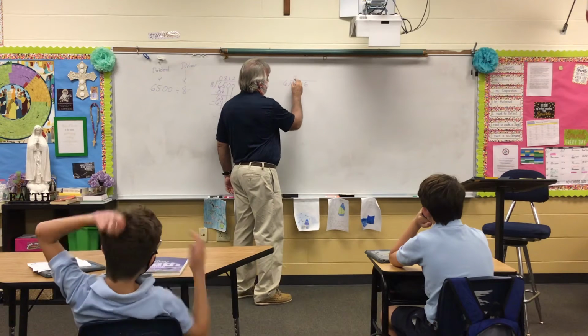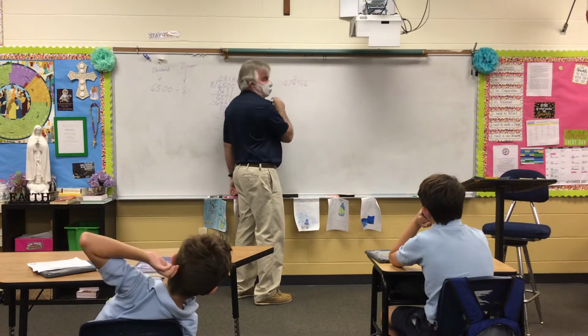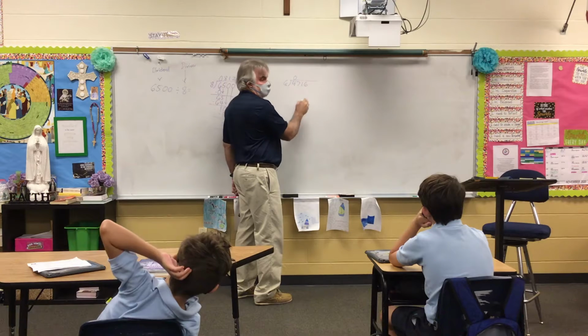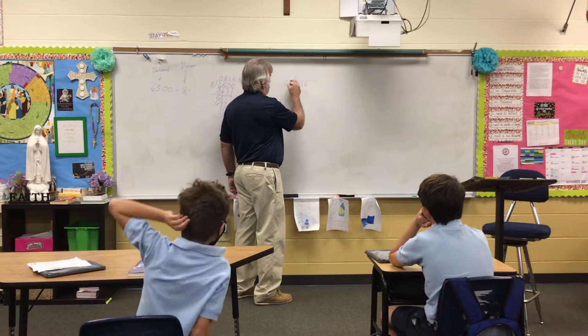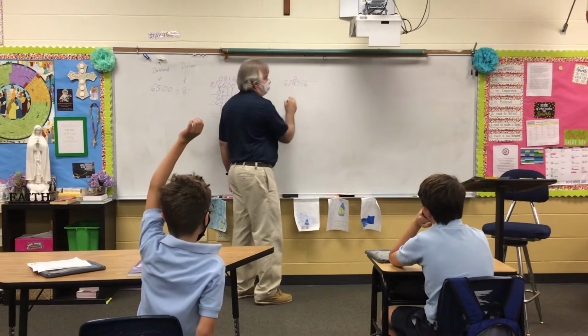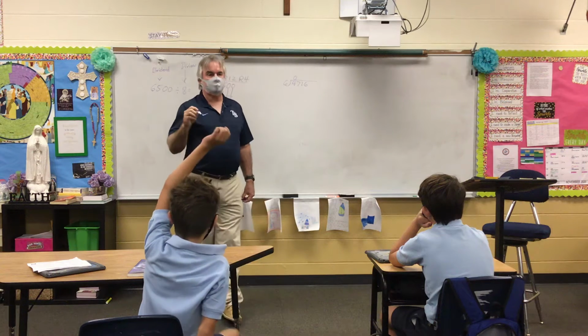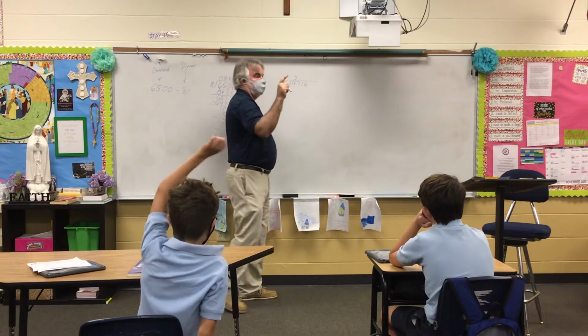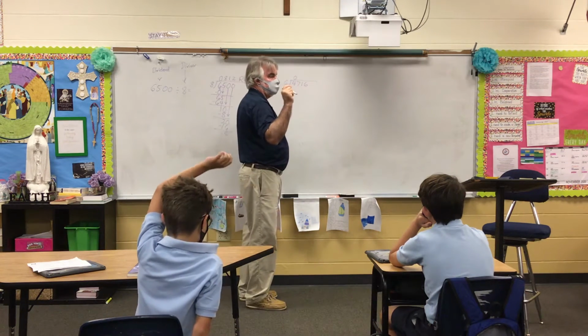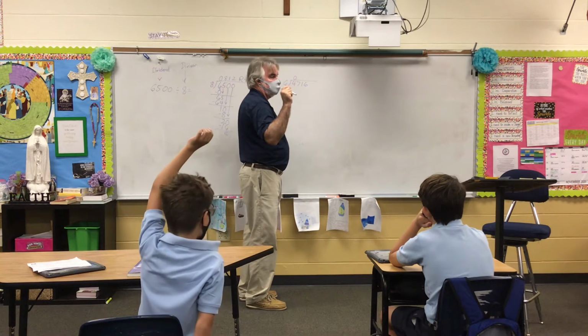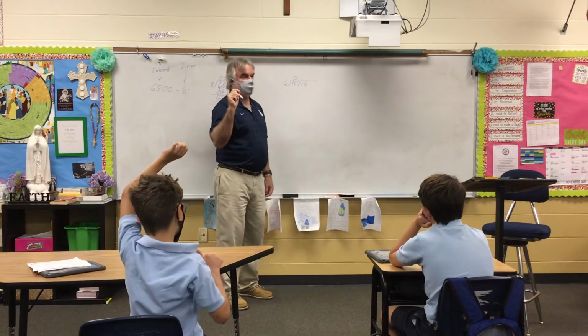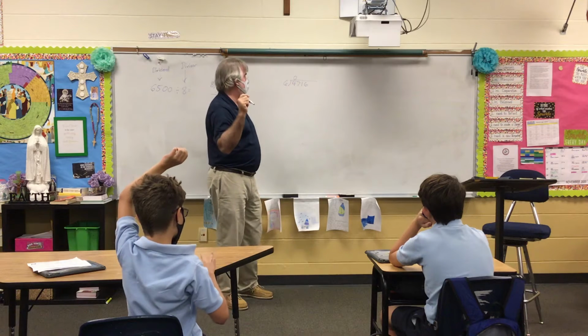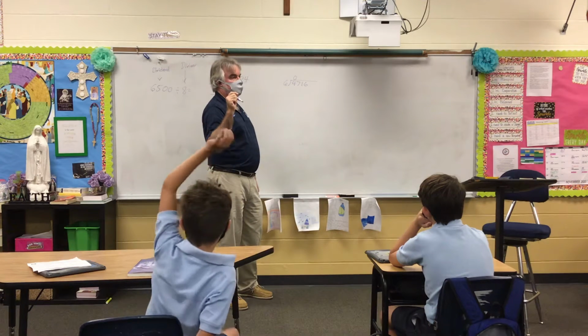Now, I could do 6 times 0 and then subtract it and bring it down. Or I could just say, instead of going into 4, does 6 go into 47? Does it? Yeah. How many times? 8. 8 would be 48. I know, that's too much.